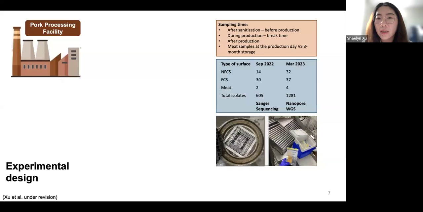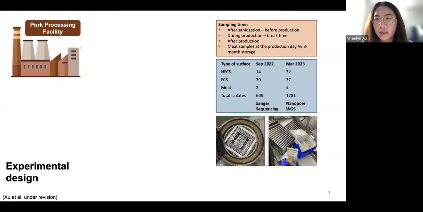I collected multiple environmental samples, including food contact surfaces, non-food contact surfaces, as well as meat samples. The meat samples were collected to map the meat product microbiome to the surface microbiome.